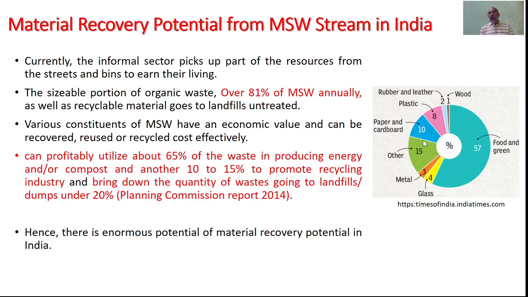So say this particular 'other' we don't know about. It could be a mix of many things. It may not have certain direct recycling or recovery aspects. But the way we think of this particular glass, food, paper, cardboard and such things, whatever may be their extent, definitely it has some potential.